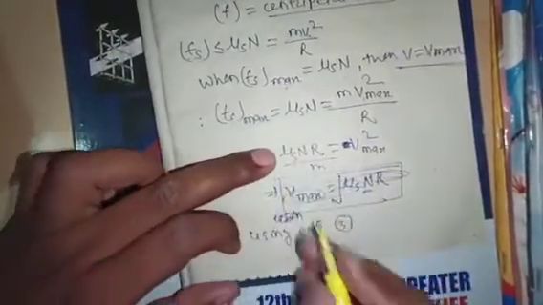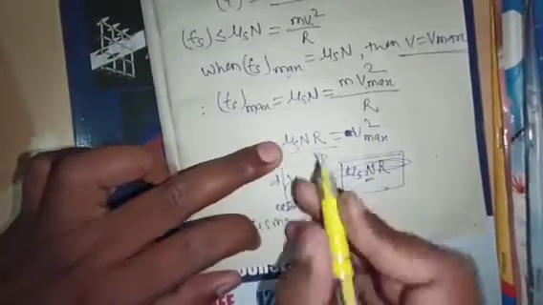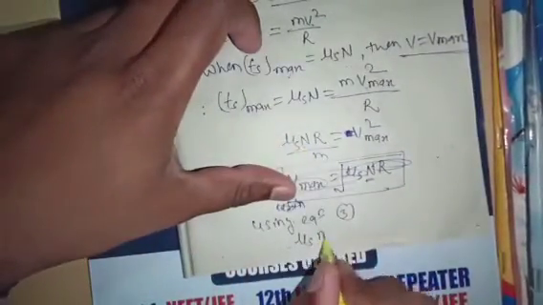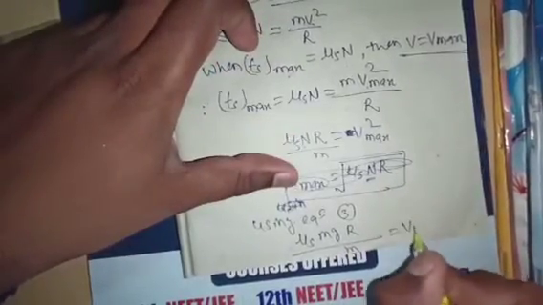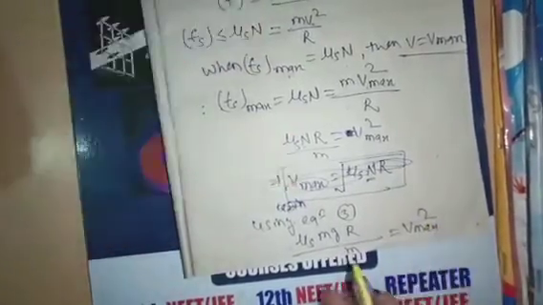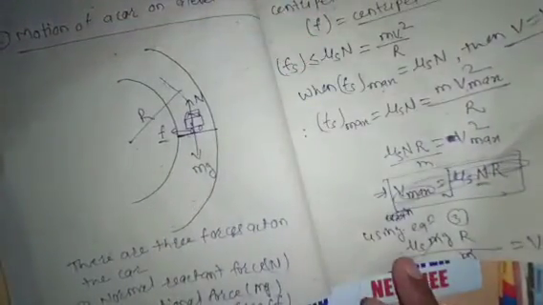What is the using equation 3? Mu s is as it is, N is nothing but mg. Into r divided by m is equal to maximum velocity square. M cancels, therefore maximum velocity square is equal to mu s g r.